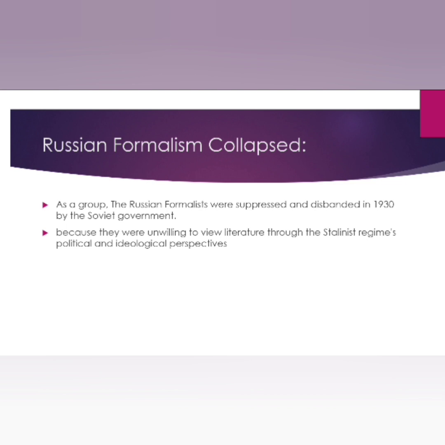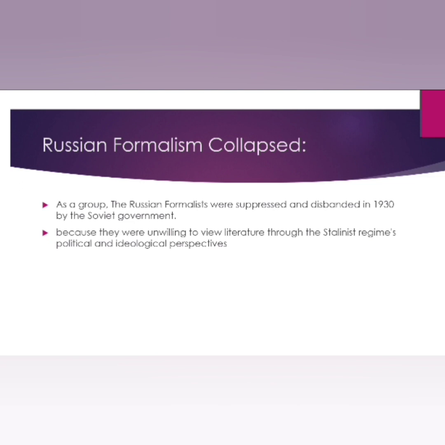And in 1930 specifically, this theory collapsed when Stalin was against Russian formalism, and they disbanded it because the Russian formalists were so focused on the text and were totally narrow in their approach, as they were not giving importance to the ideological concepts of that time.